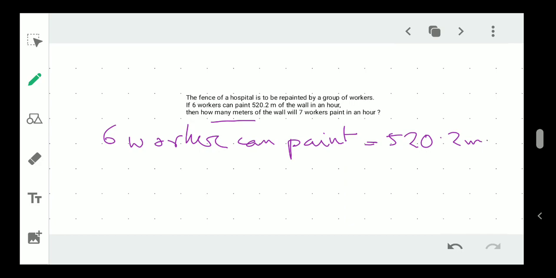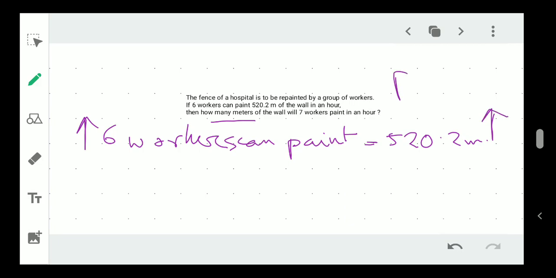Now you can see one thing: if I increase the number of workers, that means there are more painters in my service, so I can paint more meters. If I increase the number of people to 10, they will paint more. So if I increase the number of workers, the number of meters they are painting will also increase.